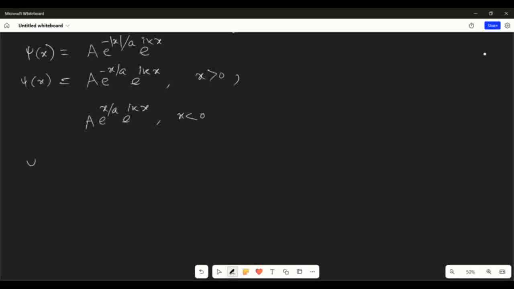Its conjugate psi star(x) will be A star e to the power minus x/a e to the power minus ikx for x greater than 0, and A star e to the power x/a e to the power minus ikx for x less than 0.